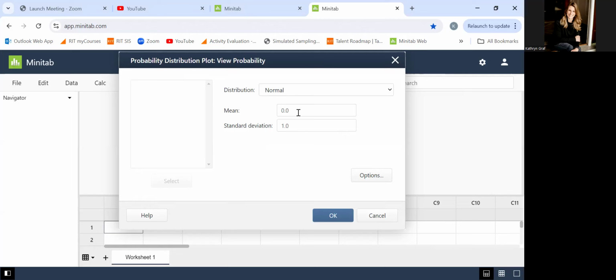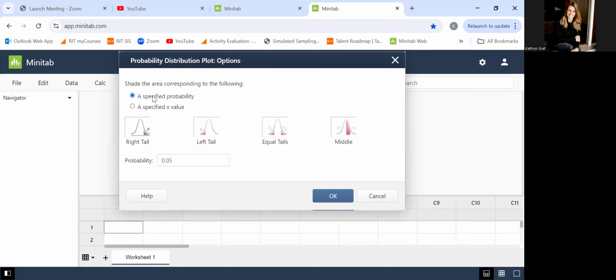If we're studying the average for all the Stat 1 students in the spring semester, we'll say that exam 1 had an average of 80 and a standard deviation of 9. Okay, that's just for an example. Now I will go ahead and choose options here.